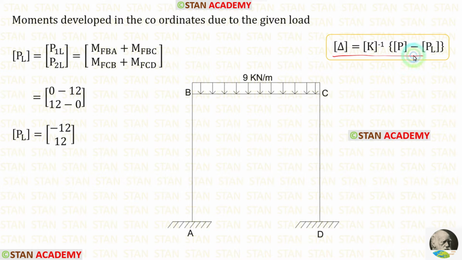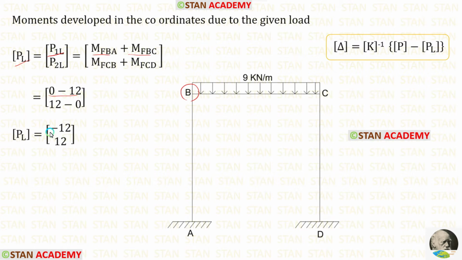In this formula, now let us find the PL matrix. In the PL matrix, first let us find P1L. Our first coordinate is in the point B. In the point B, we have found two fixed end moments, M of BA and M of BC. We have to add both of them.